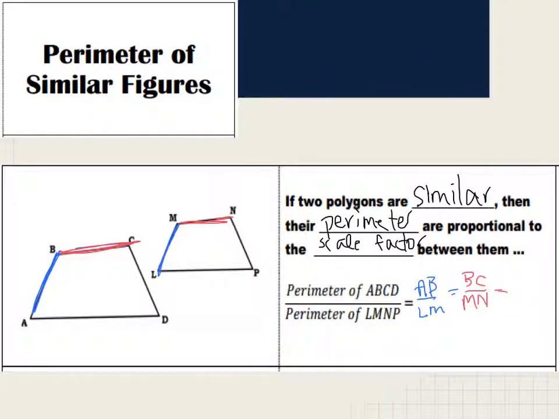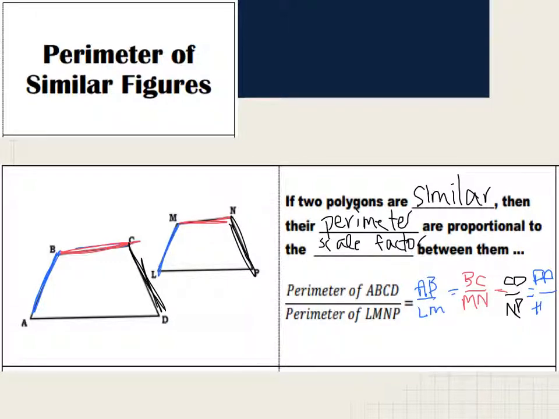Side CD is proportional to side NP. Then our fourth side, side DA, is proportional to side PL.